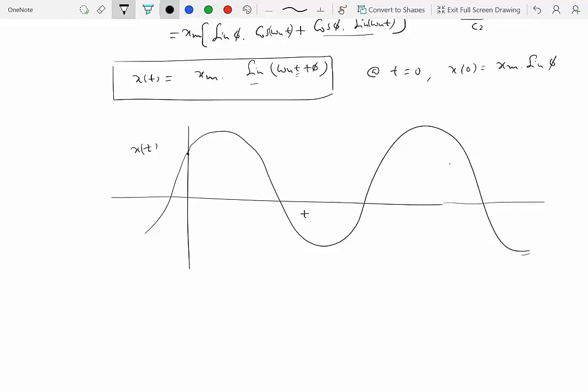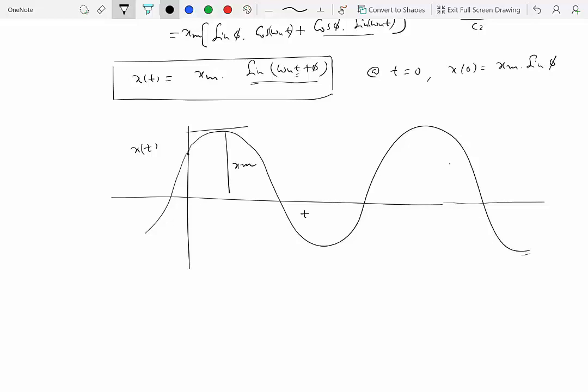Okay, so what is the maximum value of x, right? The maximum value of x is going to be achieved when sine of something is 1, right? The maximum value of the sine of any angle, in degrees or radians, is actually 1, right? So that's plus 1. So the maximum value of x is x m. So this is x m. That's the maximum value. And that's why we're calling it x sub m.